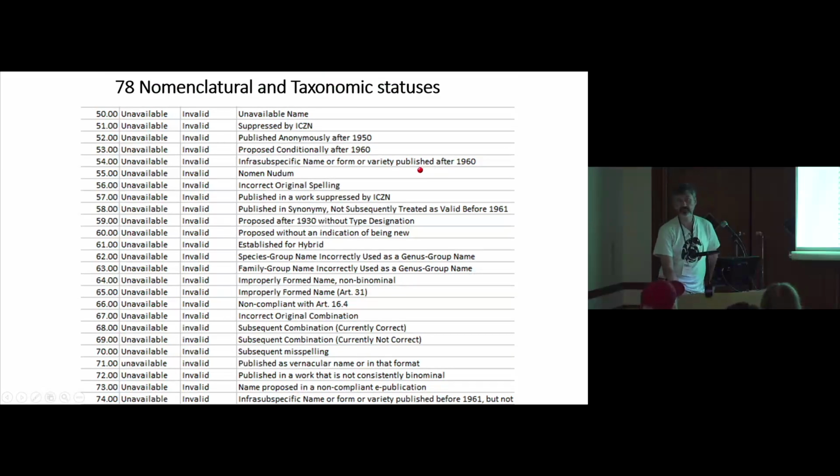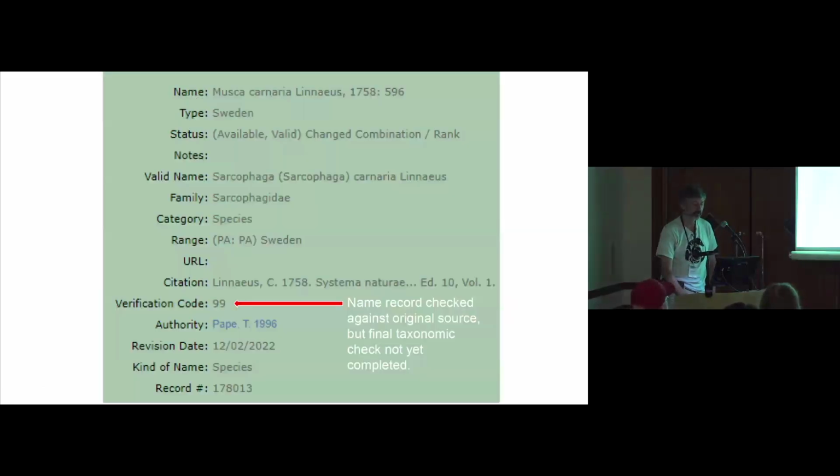But what is most interesting for me in this data set is the number of nomenclatural and taxonomical statuses, 78 statuses used in the database associated with each name. And also verification codes they use in the system. The code is calculated to say how complete the record is, whether the record was verified to the original source, etc. And it ranges from 1 to, I believe, 199.